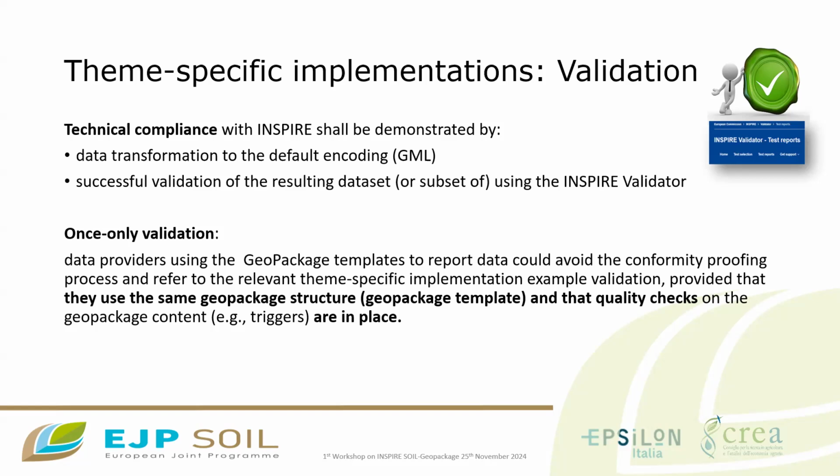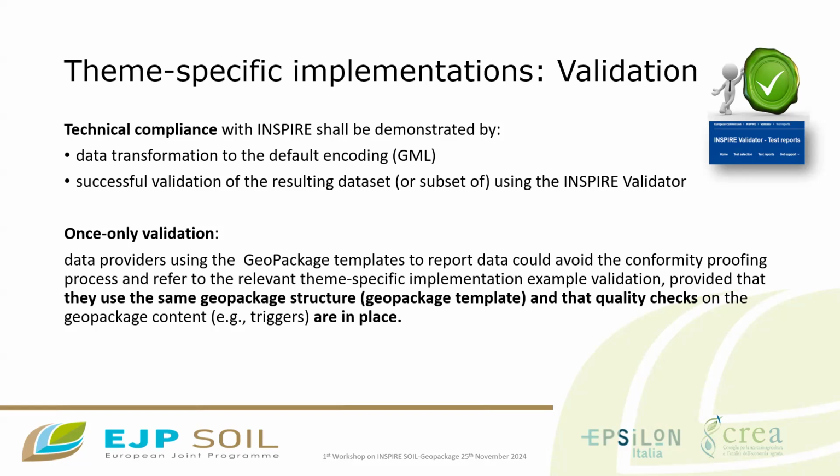So once you have a theme-specific implementation of the good practice, the data providers using the GeoPackage template that you provide together with the good practice document could avoid the conformity proofing process.